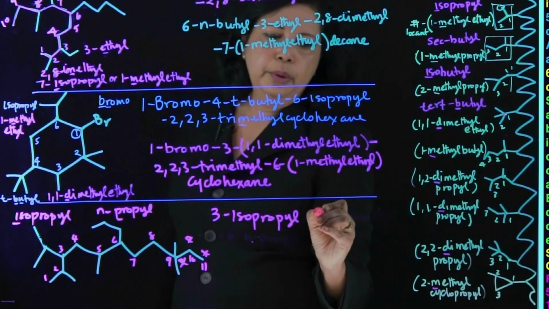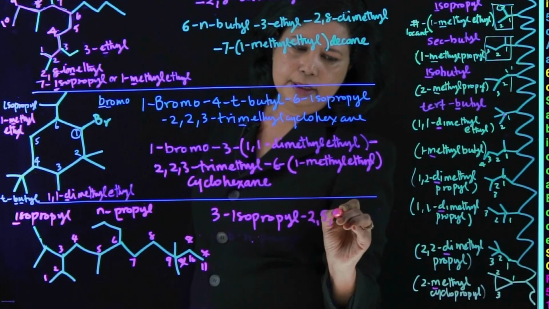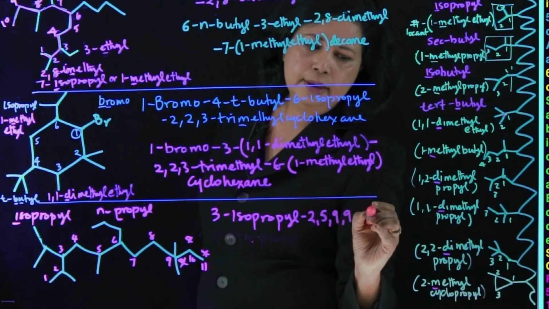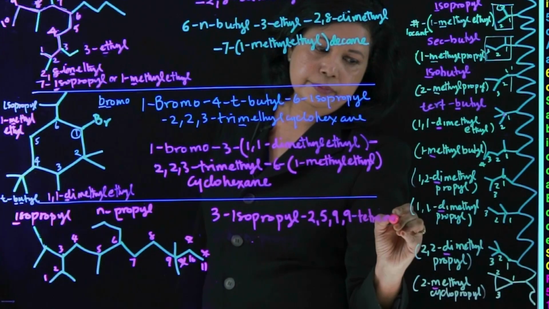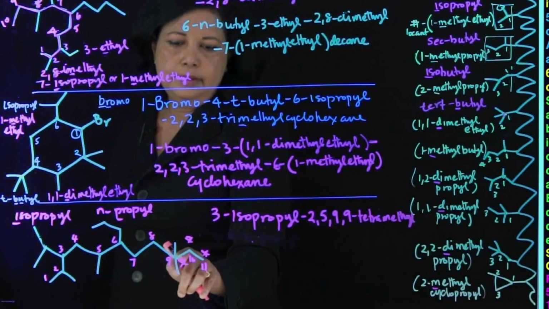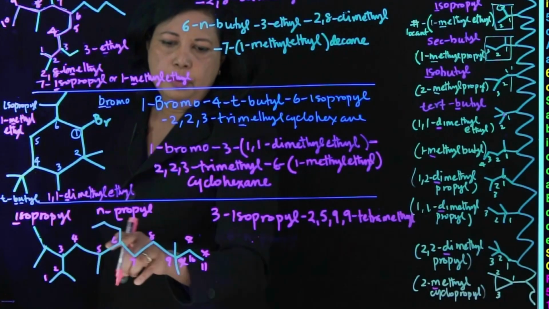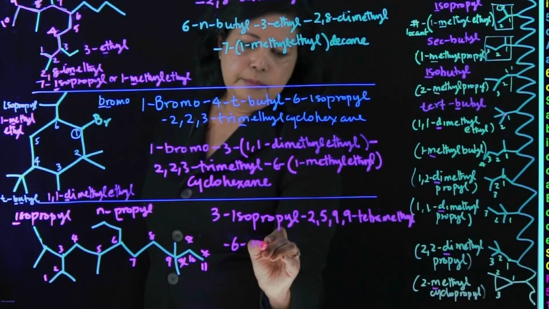You got 4 tetramethyl. So 2, 5, 9, 9 tetramethyl. And then we have an N-propyl, 6 N-propyl.